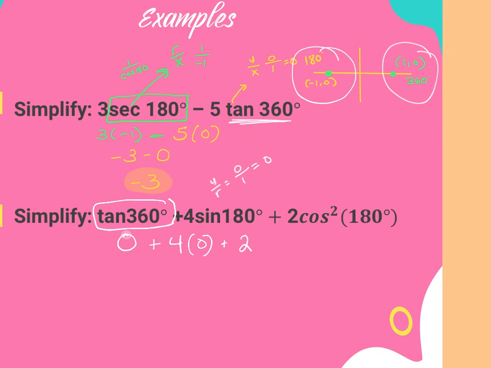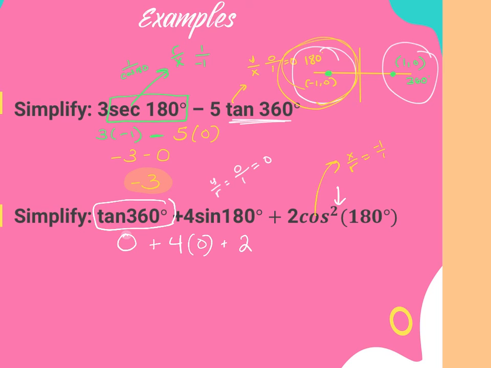Plus 2, and then it's cosine squared of 180. So what's weird is that the squared is here. That means take the cosine and square it. So the first thing we're going to do is find the cosine. So at 180, which is back over here, what's the cosine there? So it's x over r.